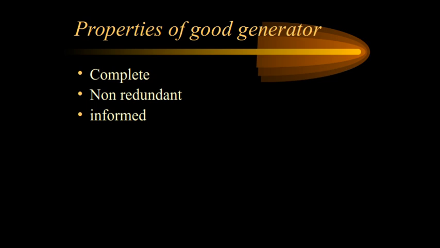Next is non-redundant. If there are redundant states, the total number of possible states will be much more, that is exponential. Next is informed. This is under the informed search technique.